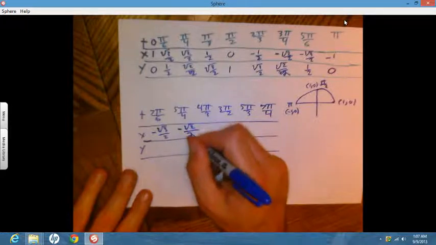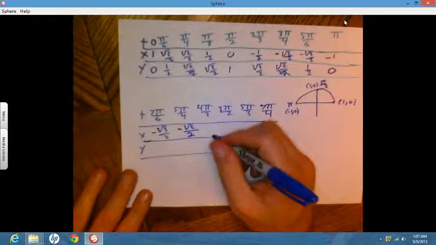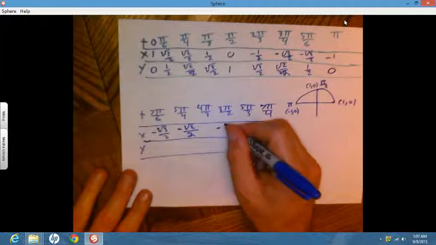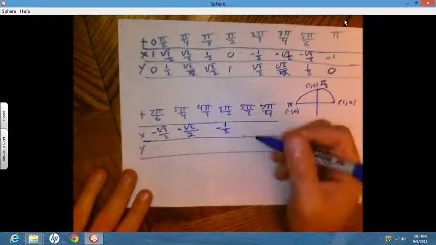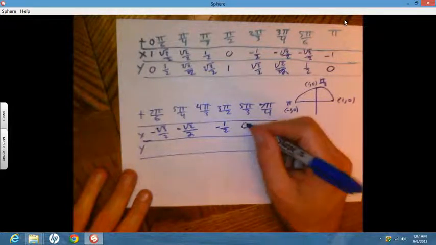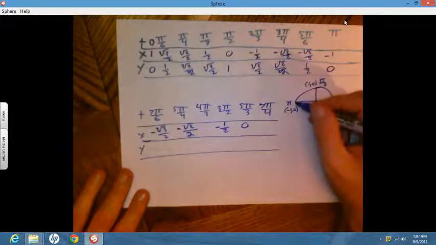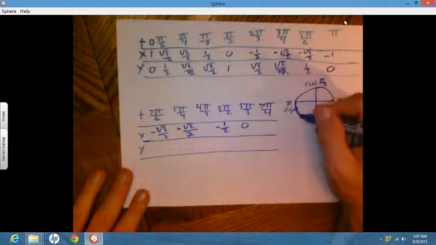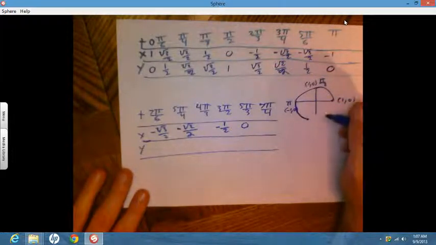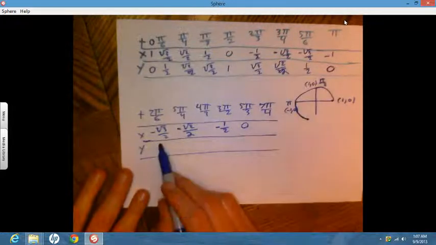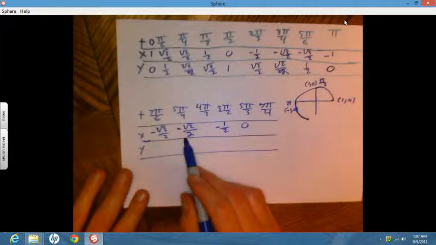Okay, what we've done now is we've gone from pi and we've gone back down. Did I make a mistake here? This should be square root of 3 over 2. 5 pi over 4 is square root of 2 over 2. Then 4 pi over 3 should be negative 1/2. Oops, I missed that. Then 3 pi over 2 is, of course, 0.